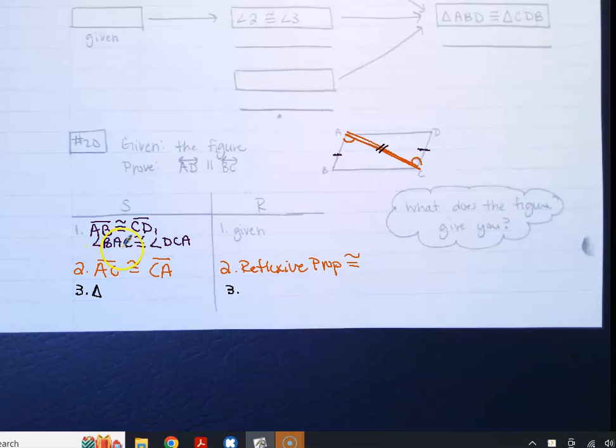Do we just want to go with this naming since we've already done it, like BAC? Okay, so triangle BAC is congruent to triangle DCA, and it's because of side, angle, side congruence. Oh, my wavy line doesn't look very wavy.